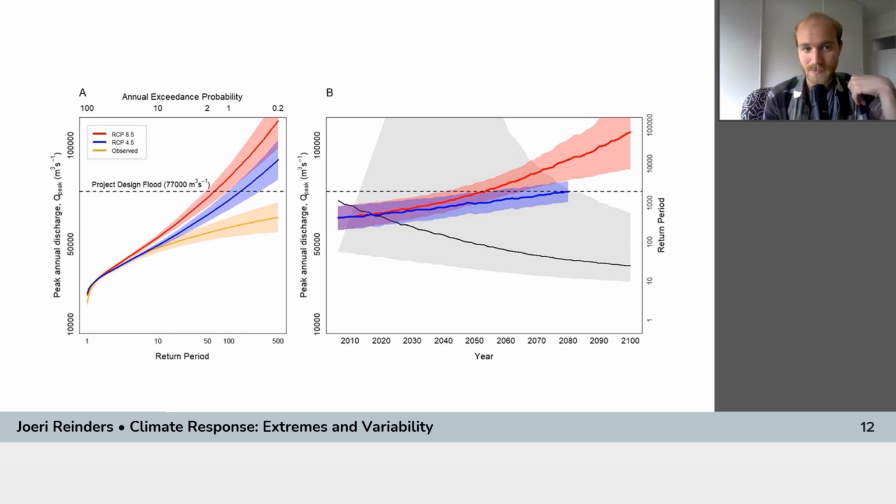What we see is that, particularly in RCP 8.5, the red line is crossing the threshold of the project design flood at about a 50-year return period, meaning that the project design flood in RCP scenario 8.5 is a 50-year flood. And that is a pretty high risk, probably, for a structure that's so important to the economy of Louisiana. So you see that climate change is already affecting the risk that we experience based on flooding, or the flood hazard you experience.